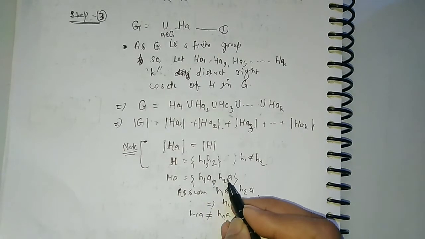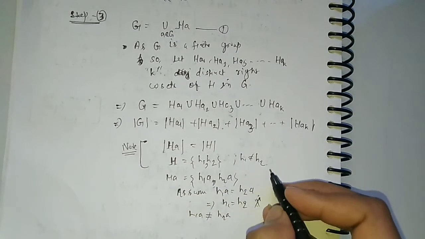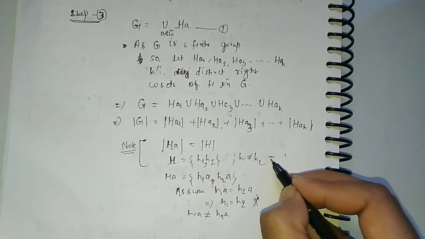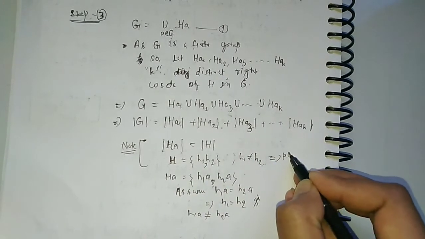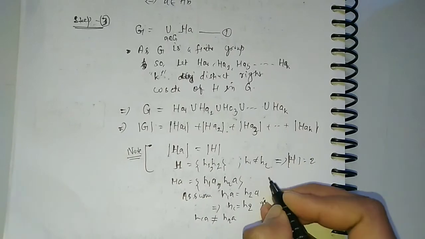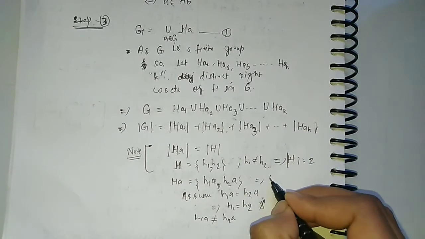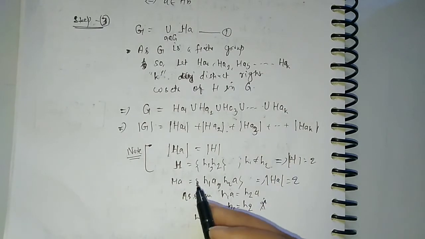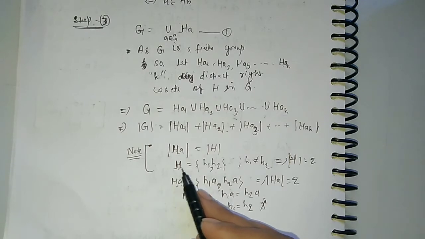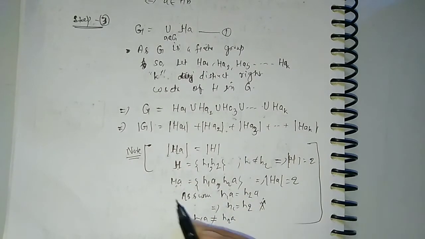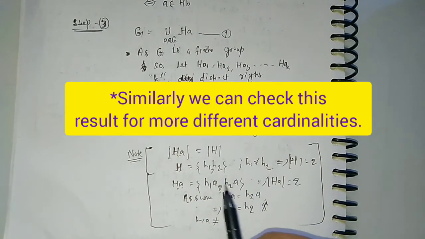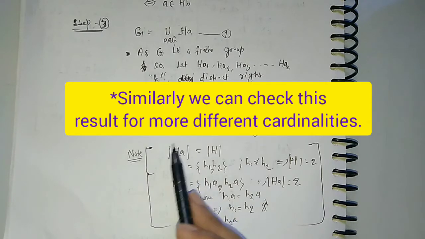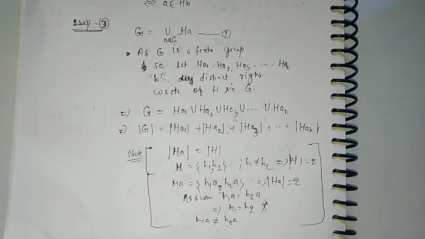So these two elements from the right coset are distinct. This will imply that the cardinality of H is 2, and also the cardinality of the right coset HA is also 2. So the cardinality of the right coset HA and the cardinality of the subgroup H are both equal. So we have proved that the cardinality of a right coset and the subgroup are equal.